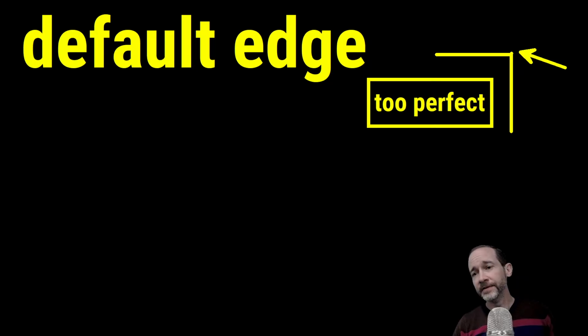In this instance, you can think of this edge at the edge of the default cube as so perfectly sharp that, as far as the computer rendering is concerned, there's no substance, there's no surface on the edge where these two meet.